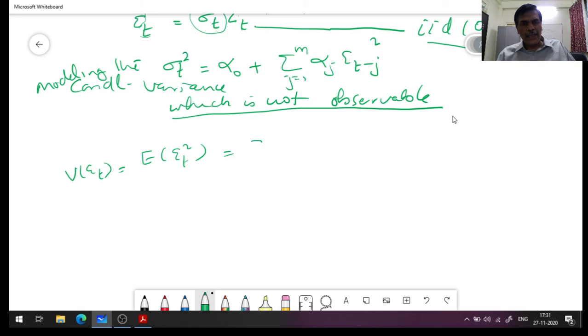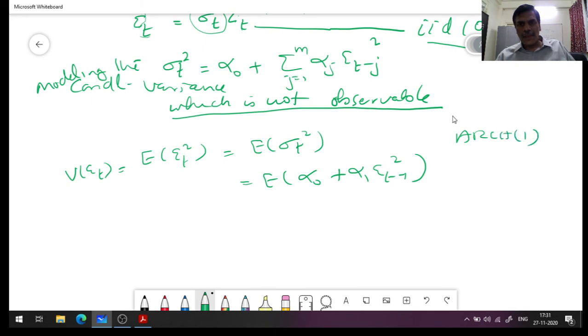We have now said that this is equal to sigma t square, which is alpha naught plus alpha 1 epsilon t minus 1 square in the case of ARCH 1. So this can be written as alpha naught plus alpha 1 times the expectation of epsilon t minus 1 square. Now you see that these two are the same whenever you have stationarity.